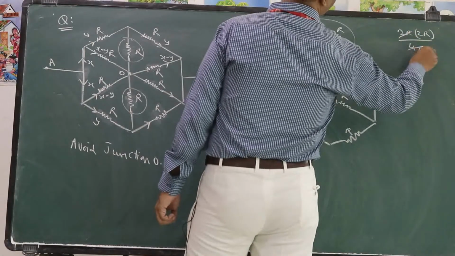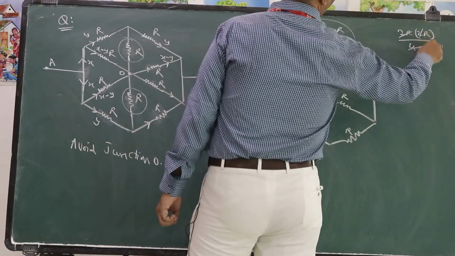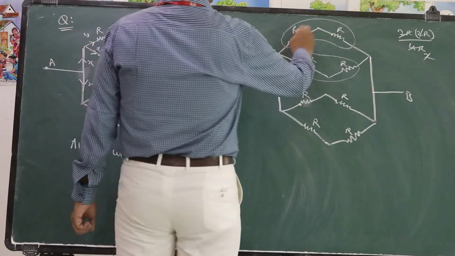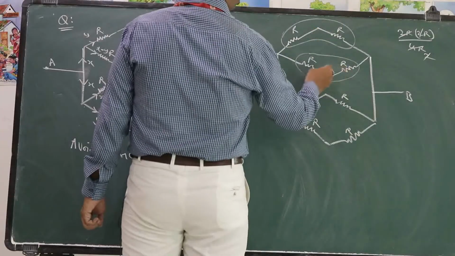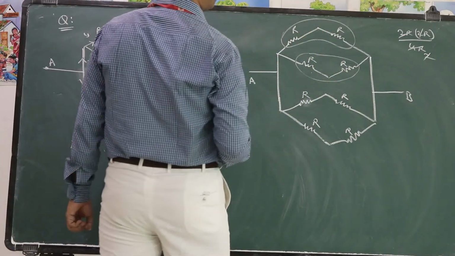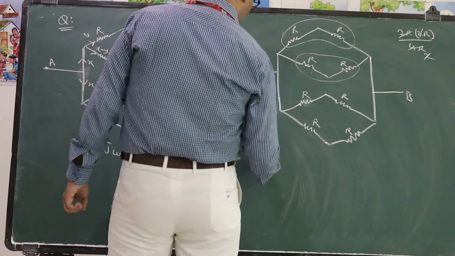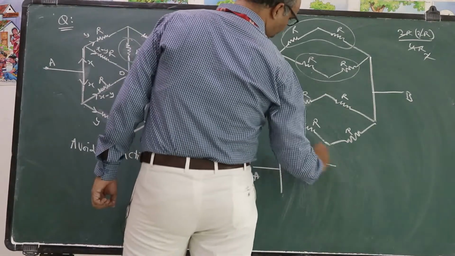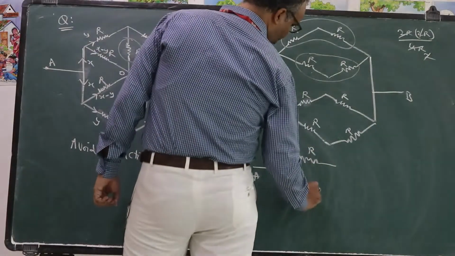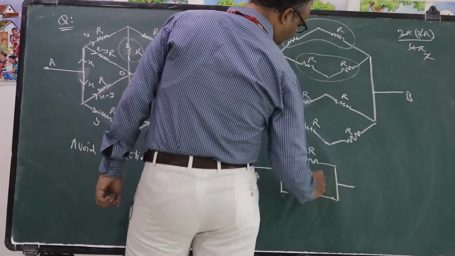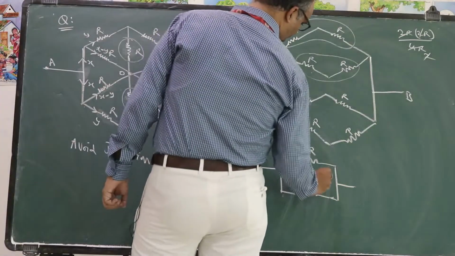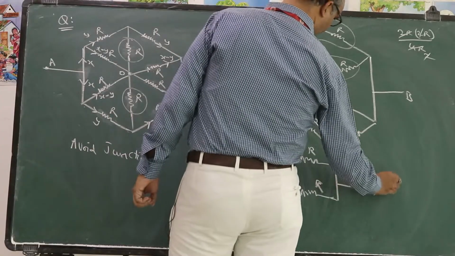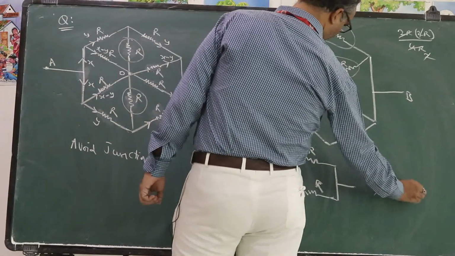So it becomes R. So you will get R plus R, 2R; R plus R, 2R. 2R in parallel to 2R is R. So finally, the upper branch consists of a single resistor of resistance R. The lower branch also consists of a single resistor of resistance R. Effective resistance is R and R. Equivalent resistance is R by 2 ohms.